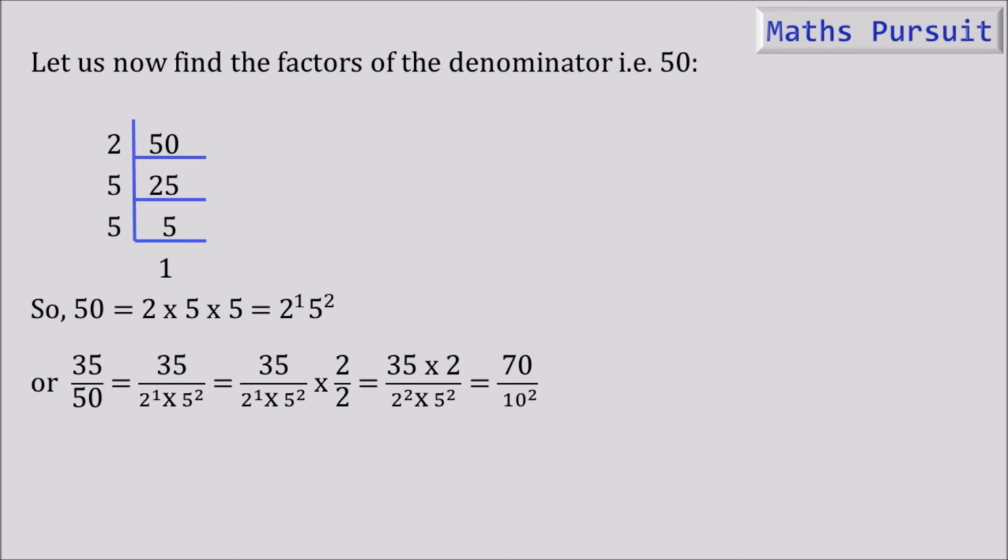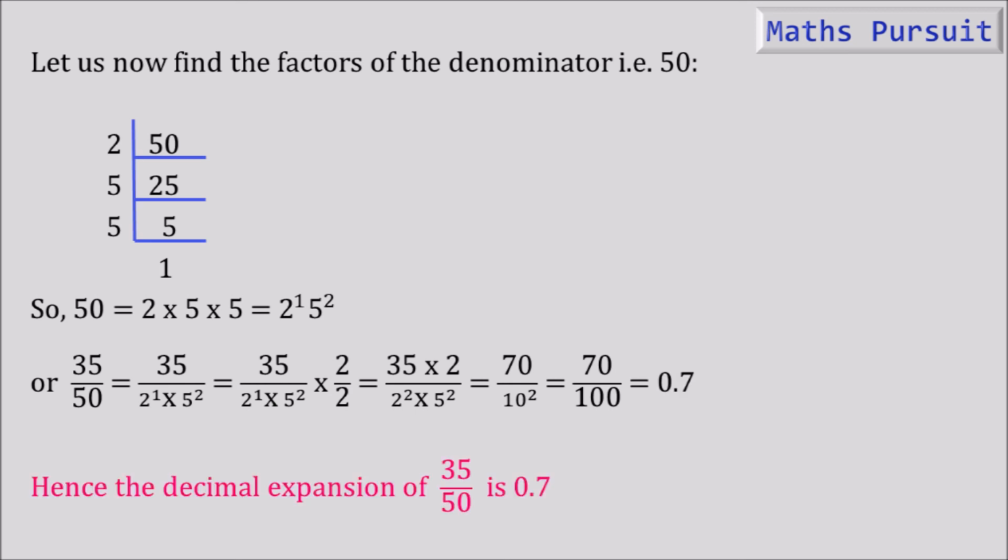Now we can write this as 70 by 100, because 10 to the power 2 is 10 into 10, which is 100. Looking at this number, we can now easily say that it is 0.7. Hence, the decimal expansion of 35 by 50 is 0.7. Hope you understood this calculation. And if you directly divide 35 by 50, we also get 0.7.